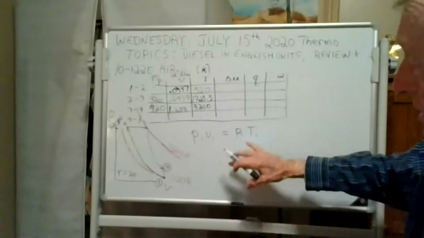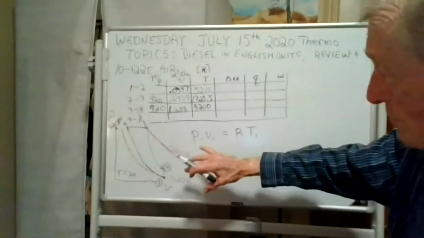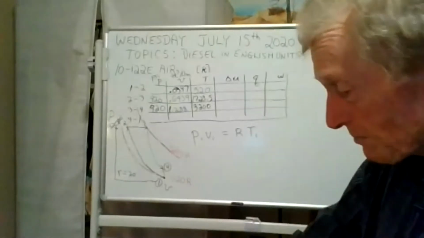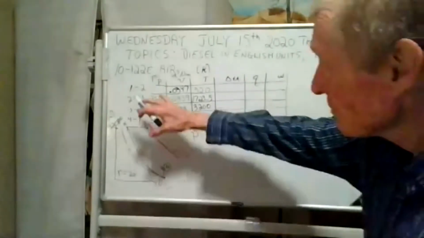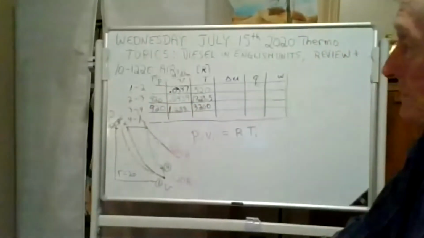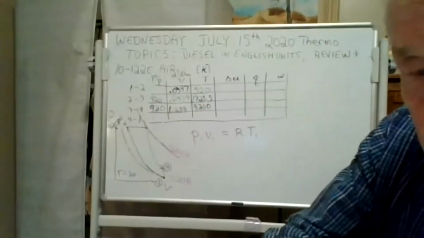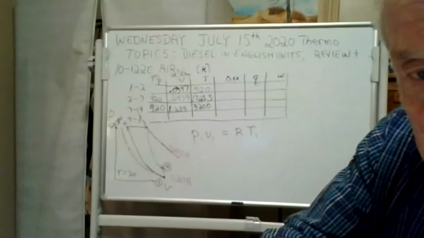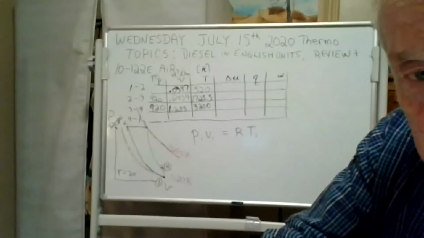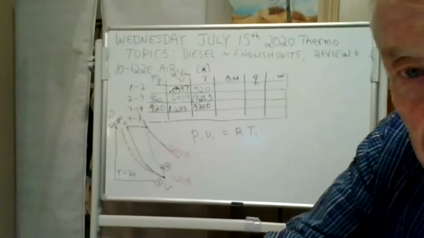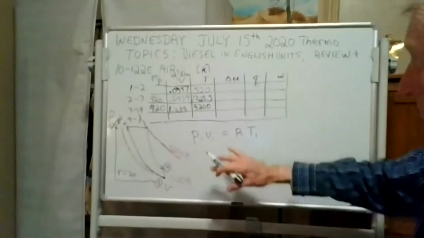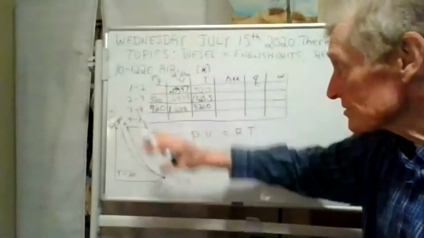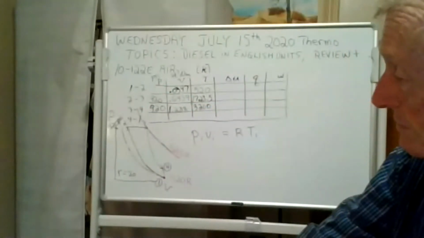There is no such thing as a little t when it comes to temperature, and pressure is always a big P. Okay, we're going to solve for the pressure now. I'm going to do it, and I want you to do it. And I'll pick on one of you guys in a minute. Find the pressure at state 1.